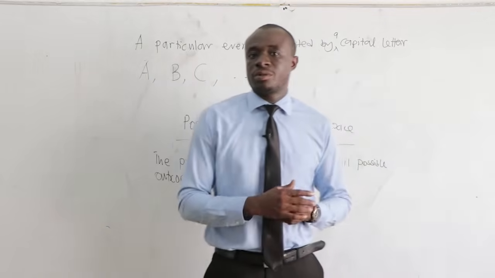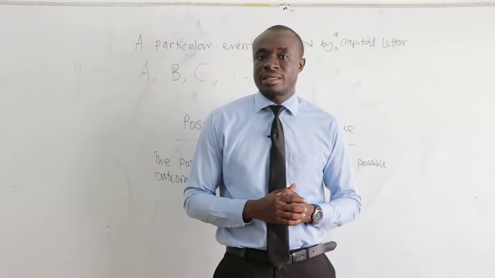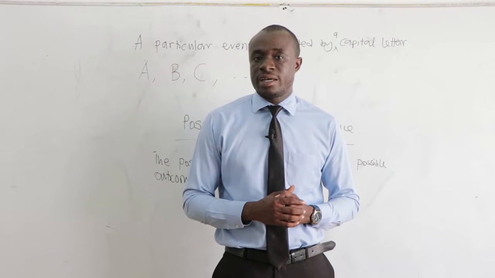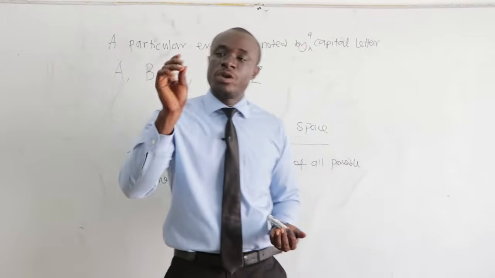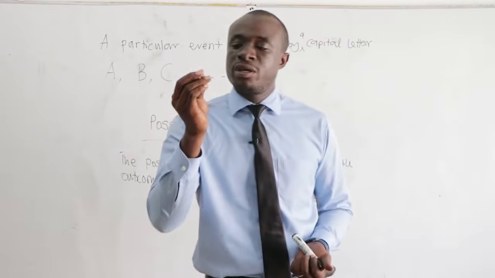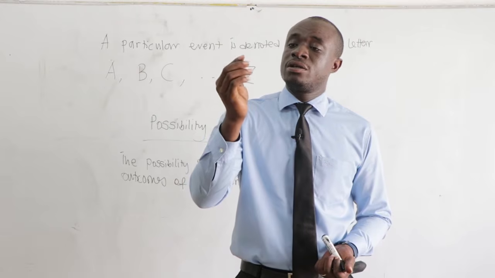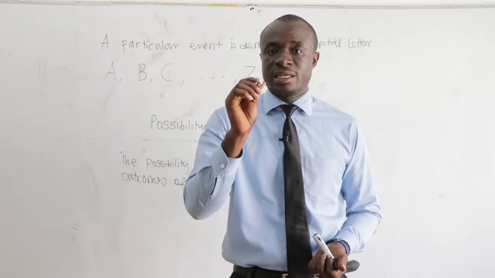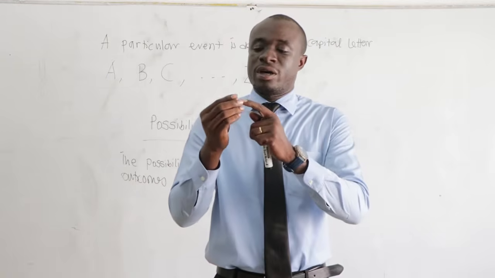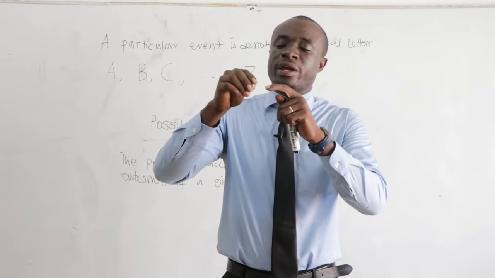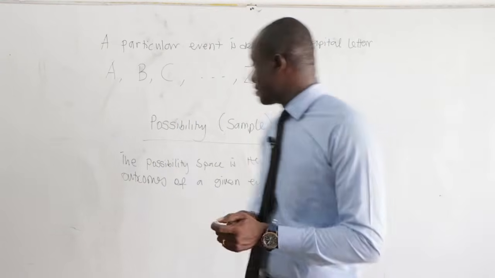Now, in the examples that were given, the first one was scoring a 6 on a throw of a die. And we know that the possibility space for the event that is throwing a die is 1 all the way to 6. So we have 1, 2, 3, 4, 5, and then 6 as well.